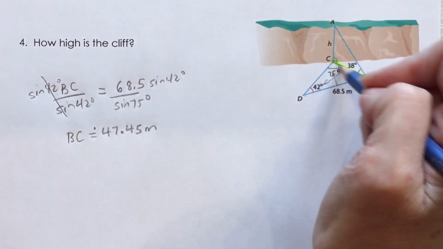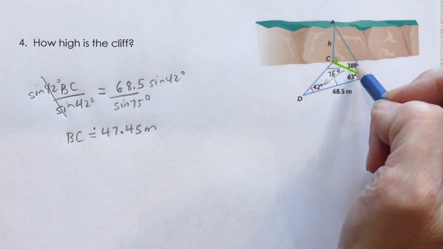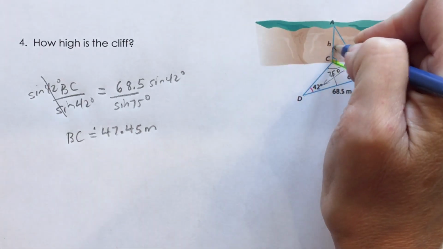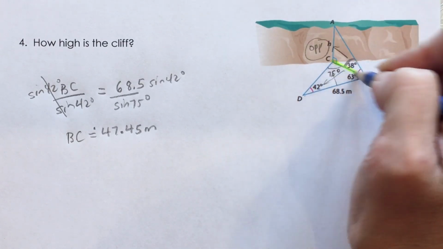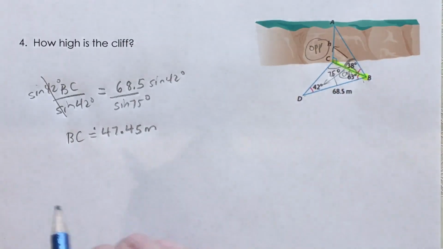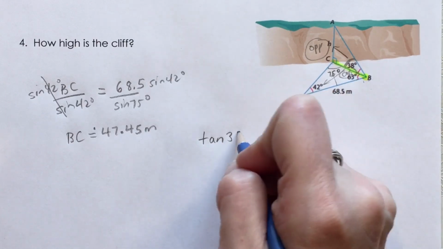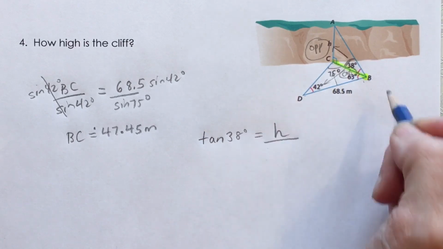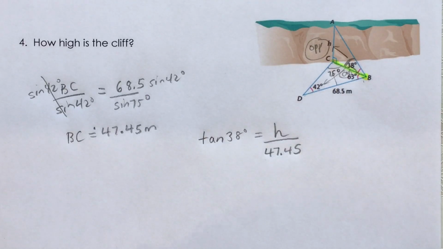And now we know this BC side here that we need to get the height of the cliff. So now, according to this 38, the acute angle in our right angle triangle, the opposite side is H that we want to find, and then BC is going to be our adjacent side. Opposite and adjacent is tangent ratio. So the tangent of angle 38 degrees is equal to the opposite side, H, over the adjacent side, which was BC, and we just found out that was 47.45 approximately.